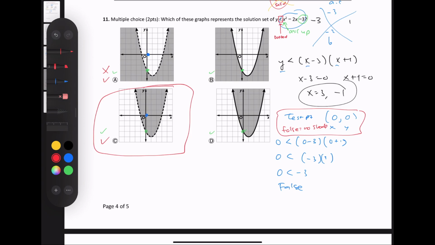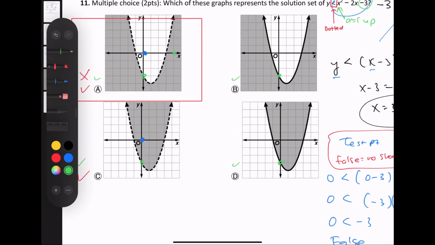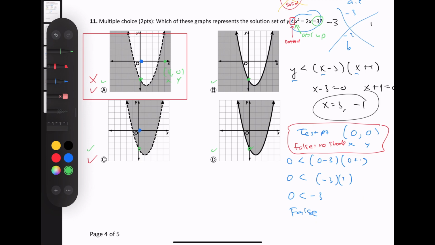Oh, no shade. That's shaded. It's going to be A. Now, another way you can do this is test another point. Let's say 4, 0. And 4, 0 should be true. And just put it in there.